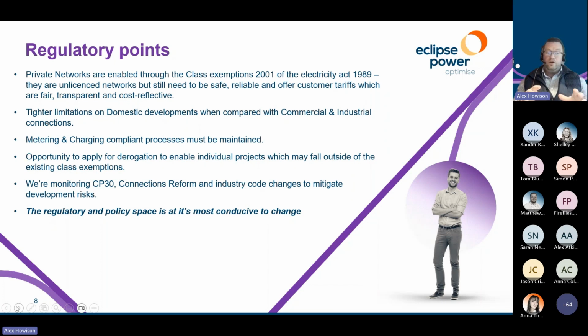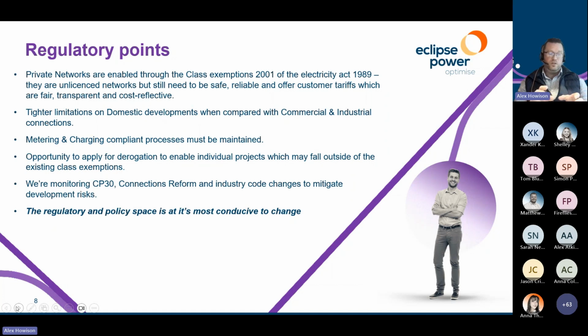The class exemptions do have a tighter set of limits on domestic developments. Whereas with a commercial and industrial development you can have as many megawatts as you like, and we would apply that at different voltages, the sweet spot when it comes to domestics is far smaller networks, limited to 1 MVA of load.